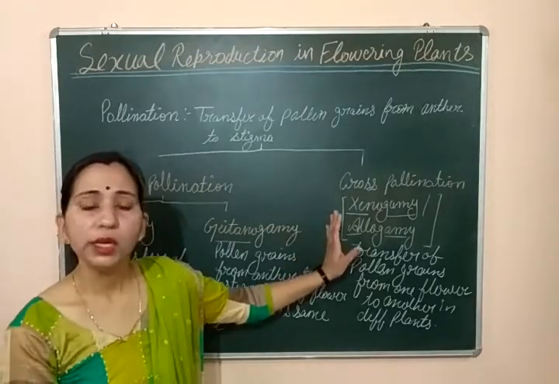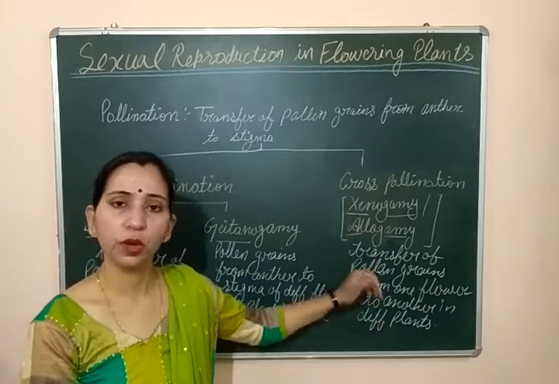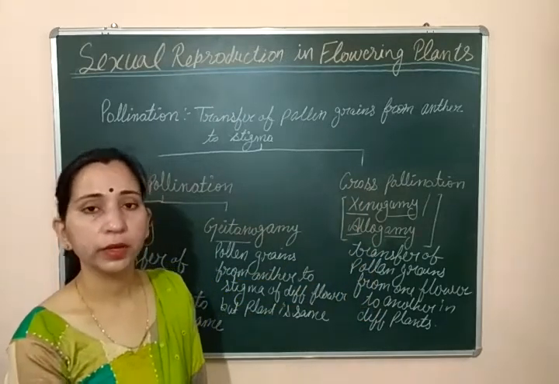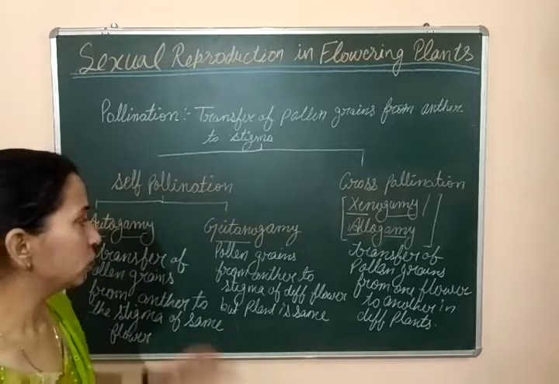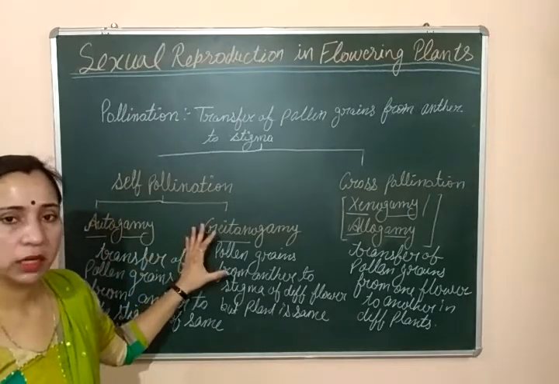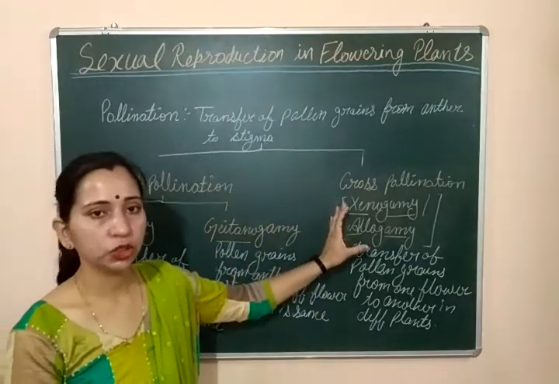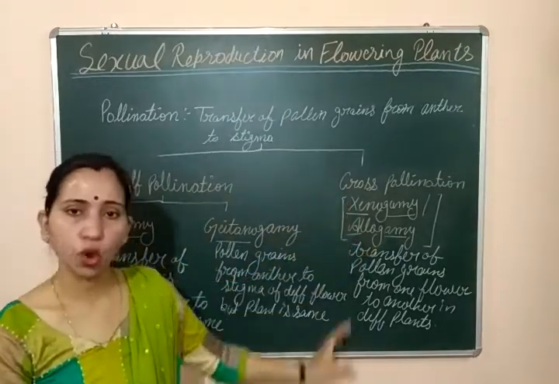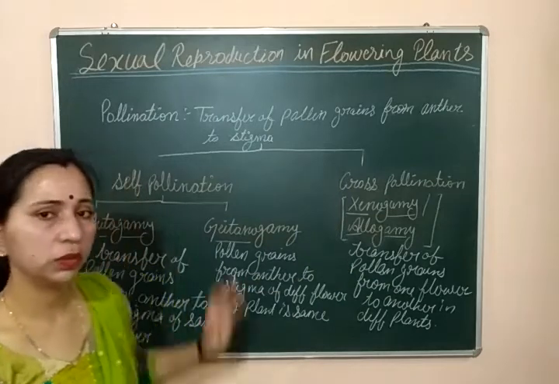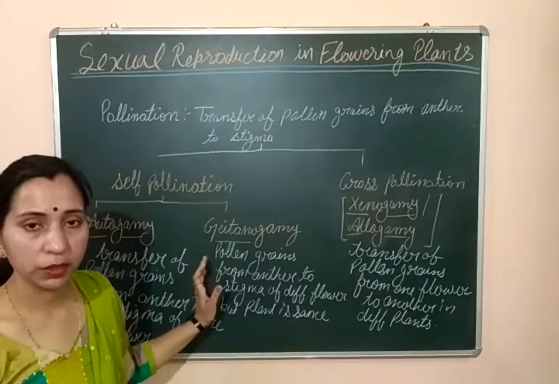But here, pollinating agents are required which can transfer the pollen grains from one flower to another flower on different plants. We have discussed the advantages and disadvantages in both cases. Cross-pollination has its own advantages and disadvantages, as well as self-pollination.